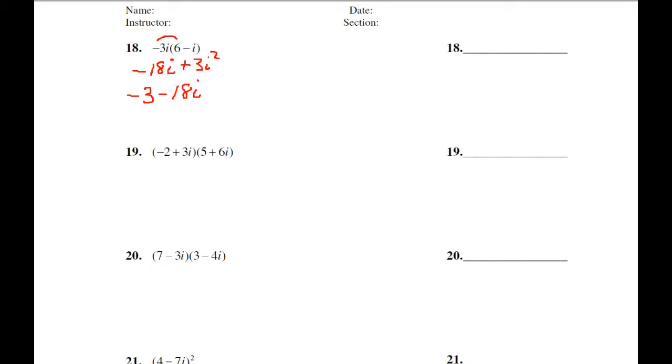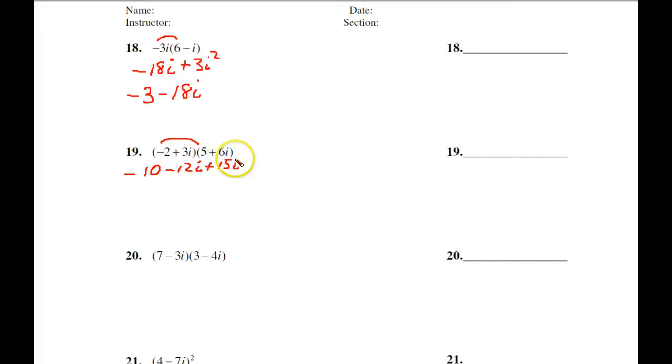Now, for this next one, we're going to FOIL. And this is good because we haven't done FOILing for a while. So let's just do it. FOIL these gives us a negative 10. My outers now give me a negative 12i. Now you can do this mentally also. This is a 15i.